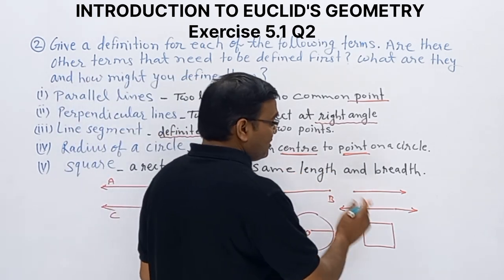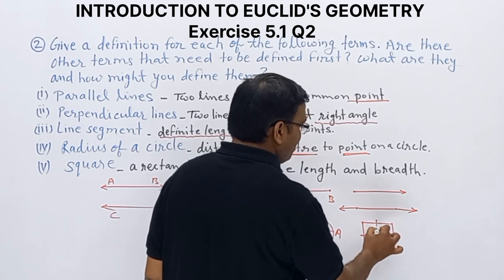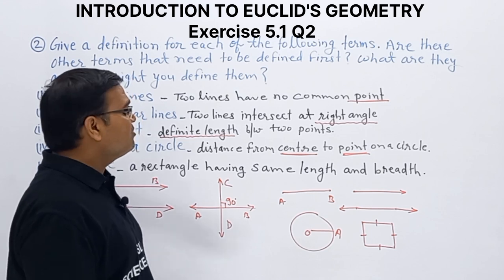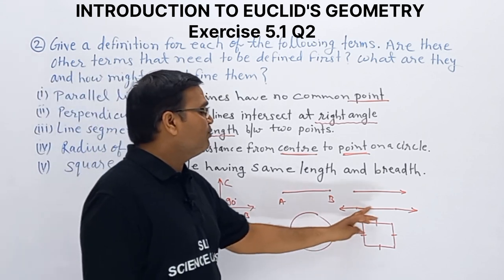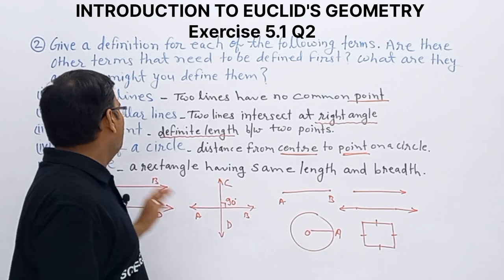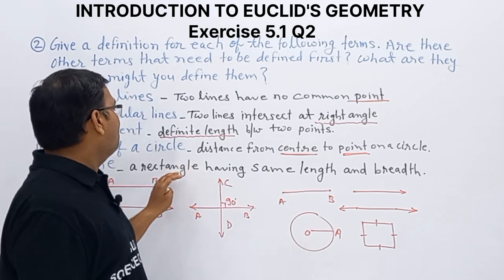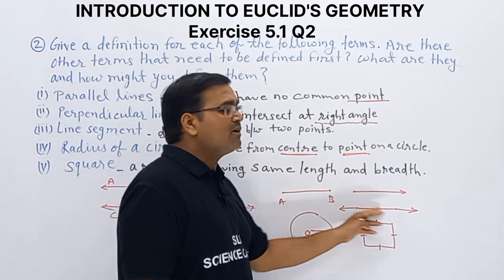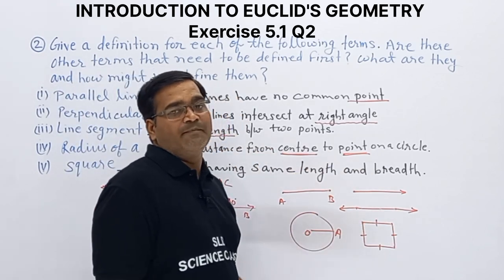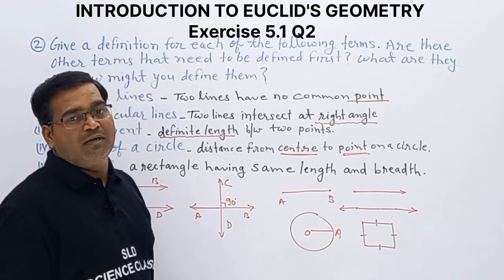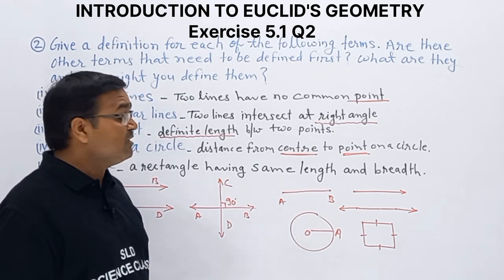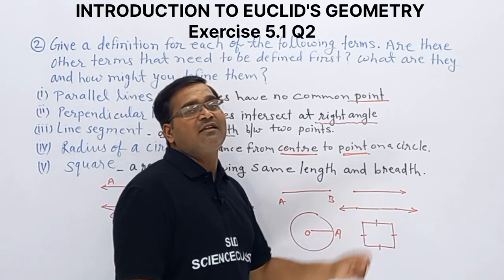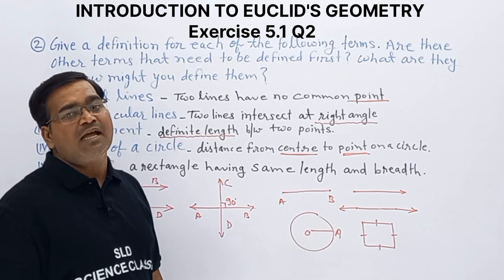In a rectangle, opposite sides are equal but all sides are not equal, but in a square all four sides are equal and each angle is 90 degrees.